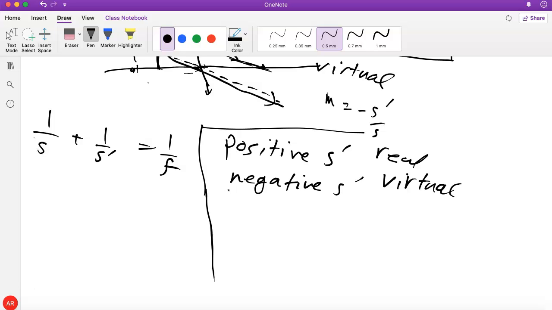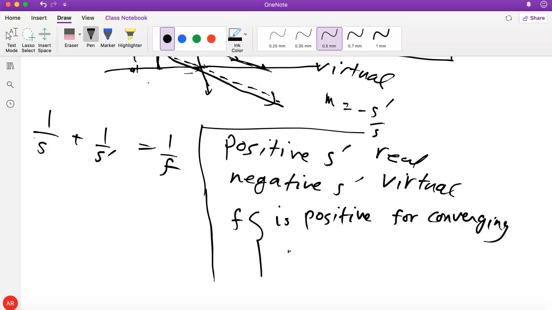It's the distance from the lens. And then f is positive for a converging lens and is negative for a diverging lens.